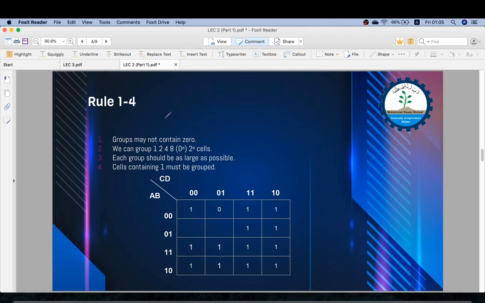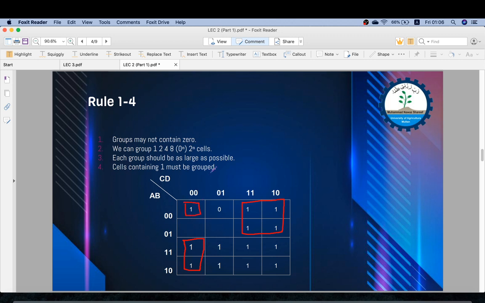Groups may not contain 0. That is the same, because we are taking SOP form, so it should always be 1. Second, we can group 1, 2, 4, 8 cells. What is grouping? Grouping is making pairs, like we make this quarter. This is a group, and this is also a group. A single cell can also be a group.